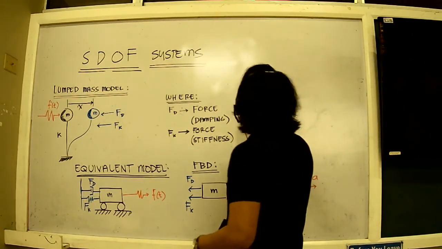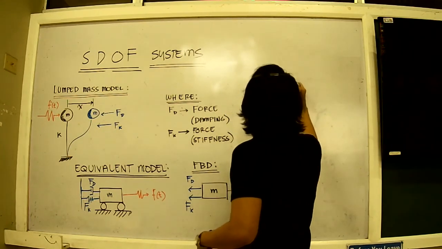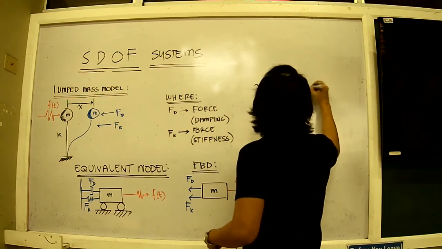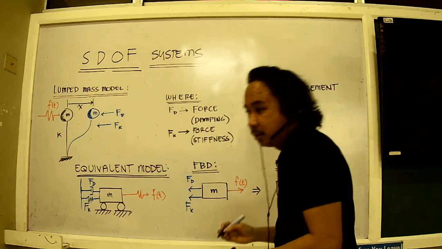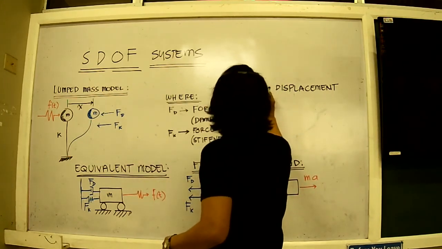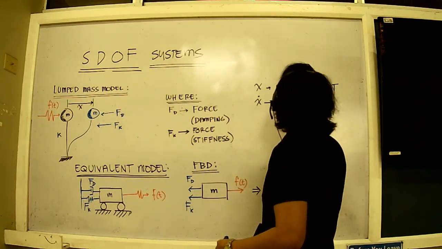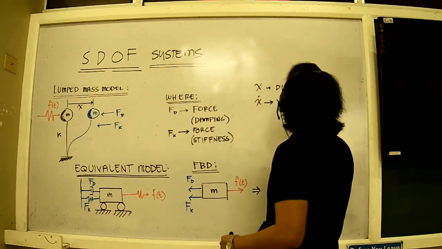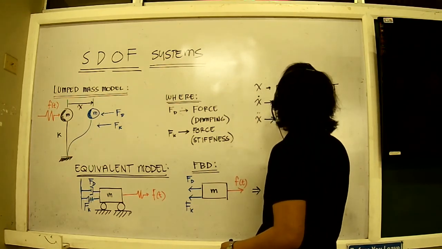Now, if x is our displacement, its first derivative is actually called the velocity, and the second derivative is our acceleration.